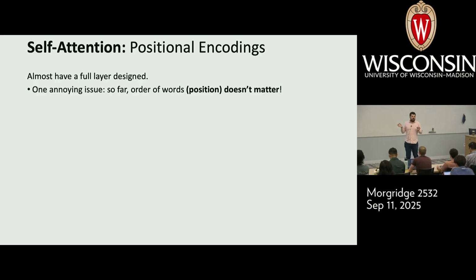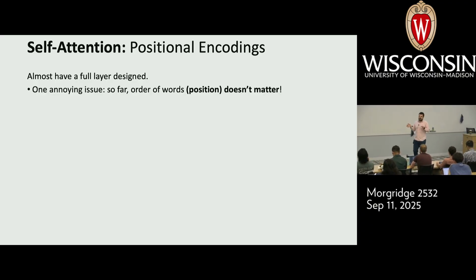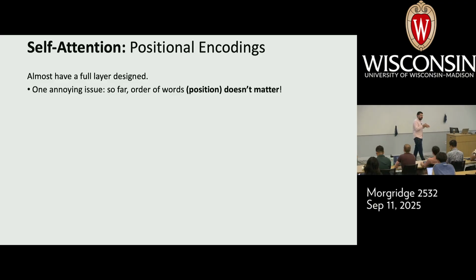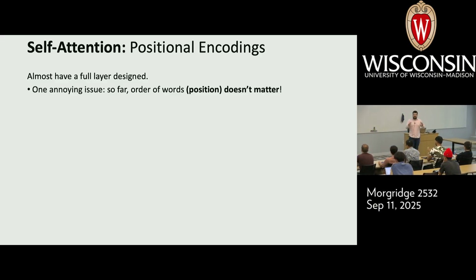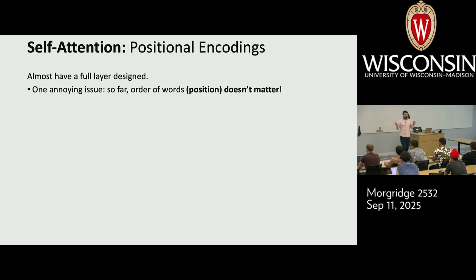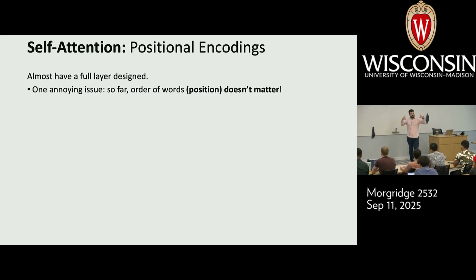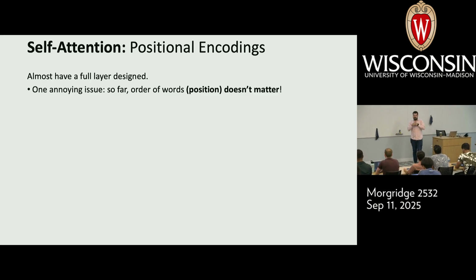So I could take my word embedding for word 1 in my sequence and attach the value 1 to it, and then take my second word, attach the value 2 to it, and so forth. That's kind of the simplest way that I could insert position information into my sequence. And then because those are my new word embeddings, that would go through into the attention layer. That's actually the intuition we're going to use, but it turns out that attaching integer values directly is not super great for model performance for a bunch of reasons.